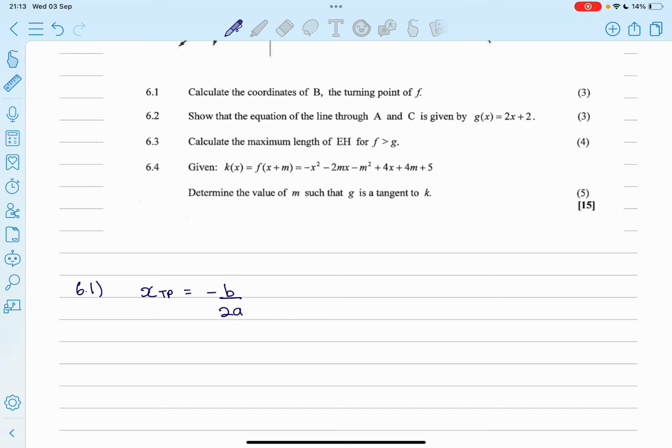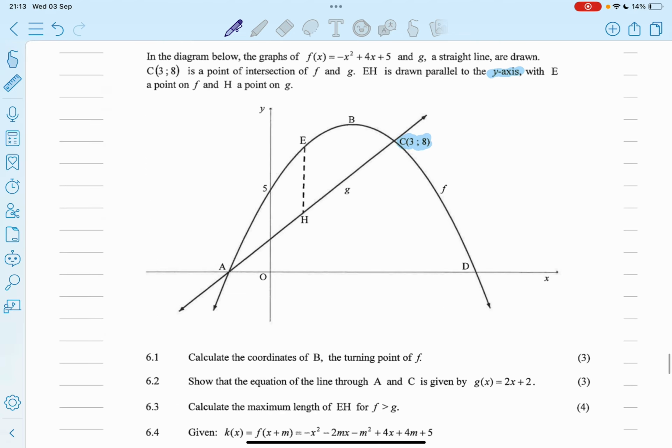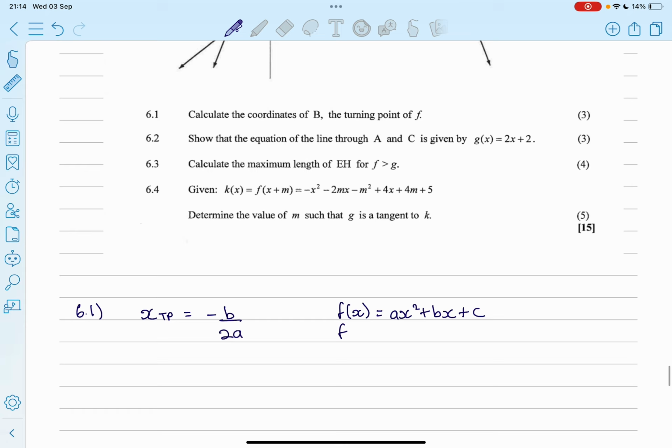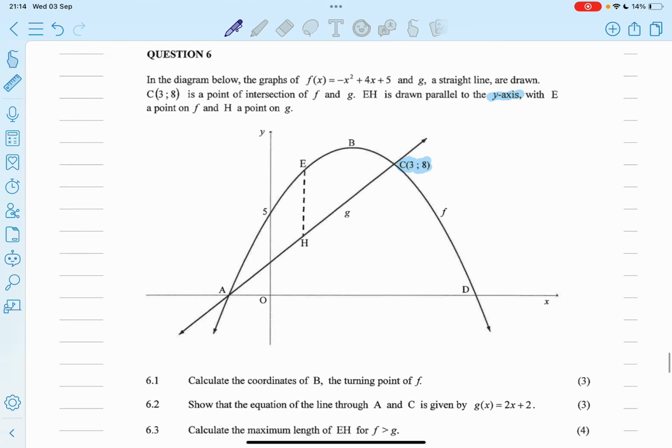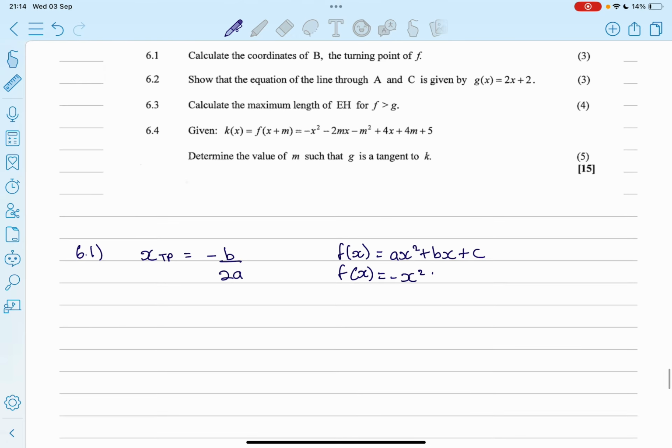And you can only use this when your parabola formula is in the form of ax squared plus bx plus c. So for us, we have f of x being equal to negative x squared plus 4x plus 5.